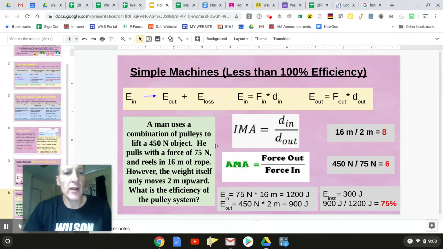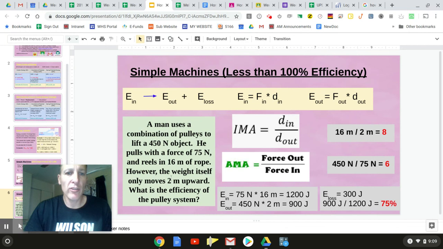All right, so one example to see this run through. Object is lifted with a combination of pulleys. The object weighs 450 newtons, but the person is able to lift it with only 75 newtons of force. The trade off is that he needs to reel in a whole lot of rope, 16 meters, to only have the weight move 2 meters upward. Right.